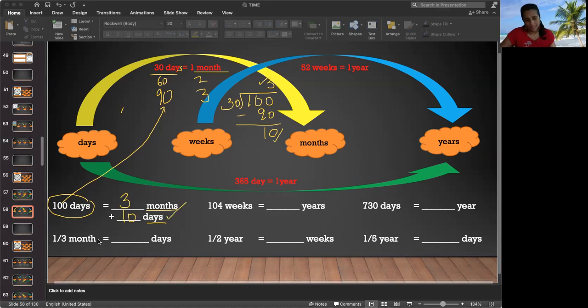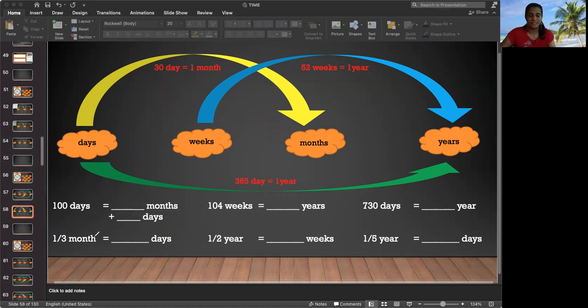On the other hand, what if the question asked you, how many days are there in 1/3 of a month? This one links up with the topic of fractions. 1/3 is a fraction, and we have learned fractions before. This is a rectangle, a bar, and this is 1/3, and I want to know how many days are there in 1/3 of a month.